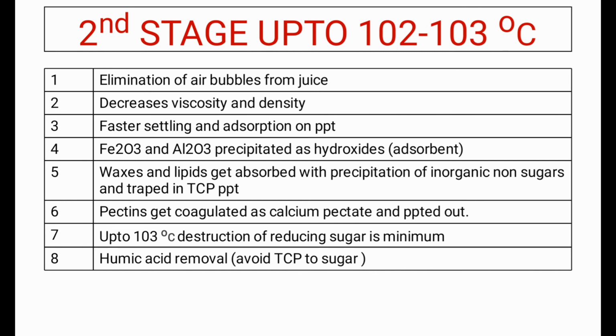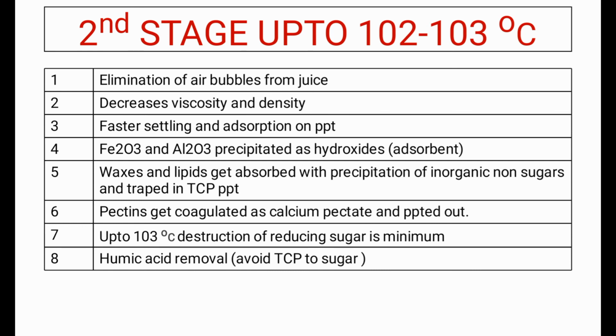What is the destruction of reducing sugars? First, let us discuss what reducing sugars are. Glucose and fructose are called reducing sugars. If we heat more at high temperature and high pH, what will happen? The destruction means glucose and fructose will decompose into smaller acids, and there will be sugar loss.